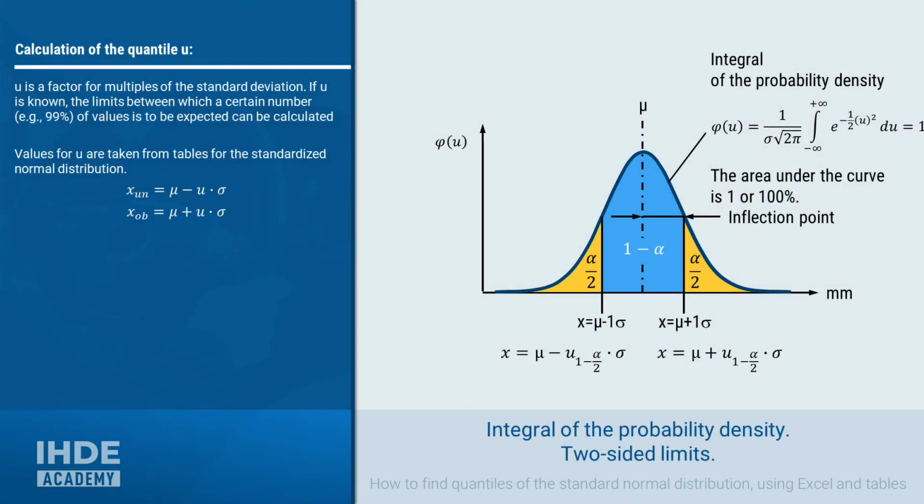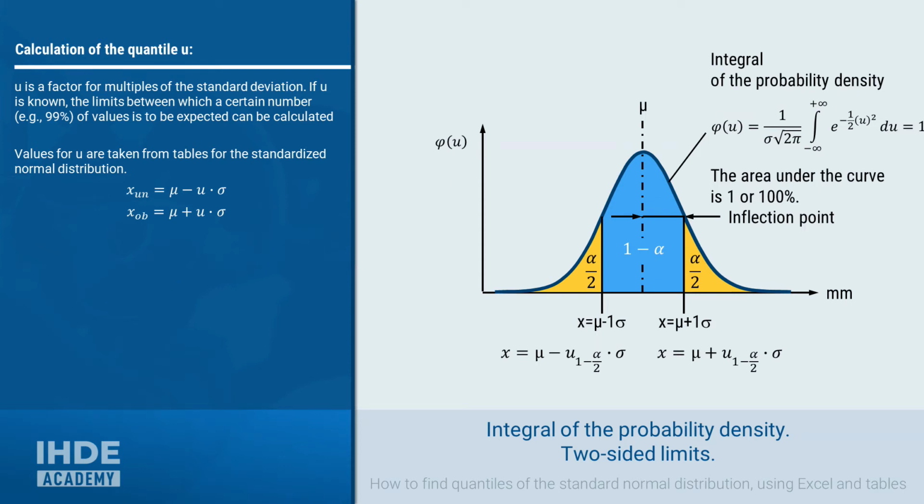The total area under the curve has a size of 1, as we already explained with the integral of the probability density. If you now set limits, the size of the area outside the limits is denoted by the letter alpha. With two limits, the area is divided into 2 alpha halves. Thus, the proportion of values between the limits is only 1 minus alpha.